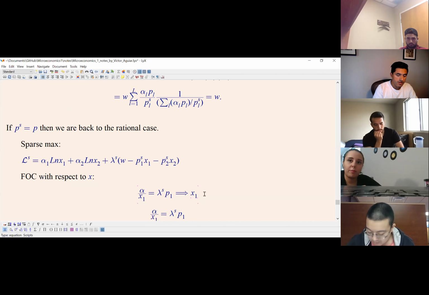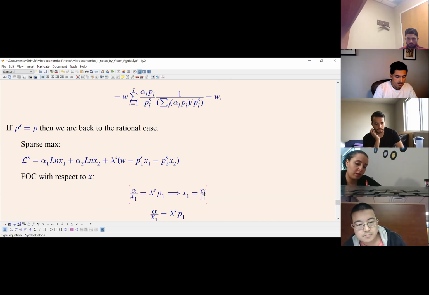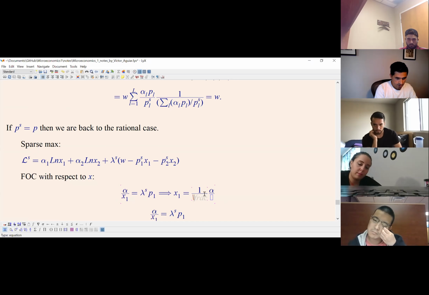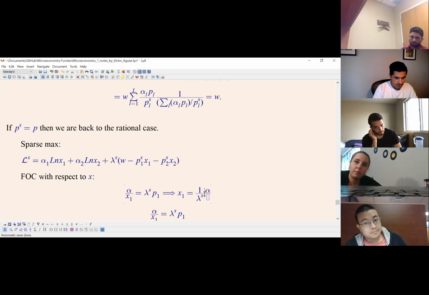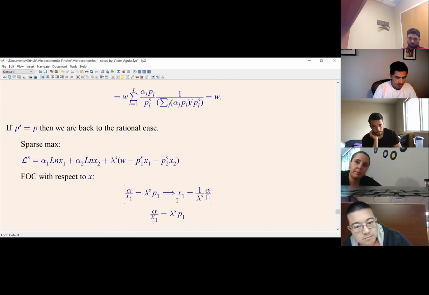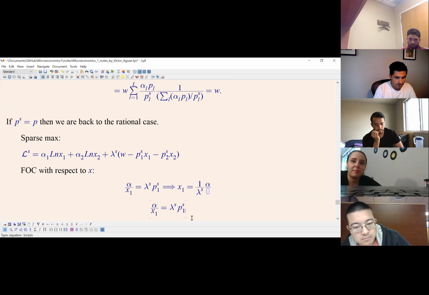So here x1 is equal to what? To alpha, here is 1 over lambda s, alpha 1, right? And these are the fake prices, so nobody corrected me. That's the whole point, right? Fake prices. And this should be price 2, x2. Sorry, did someone say something? Yeah, alpha 1 and alpha 2. Yeah, thank you.